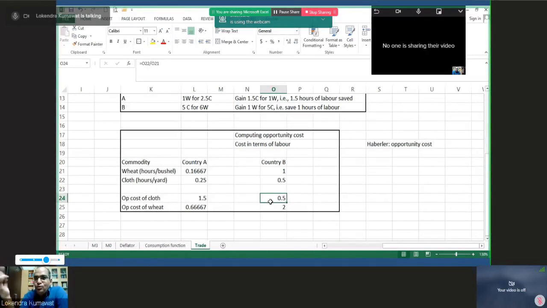In order to explain the concept of opportunity cost again, let me now talk about it in terms of wheat: the opportunity cost of wheat in terms of cloth. That means the number of units of cloth that one will have to forego in order to produce 1 unit of wheat. So let me write it explicitly.